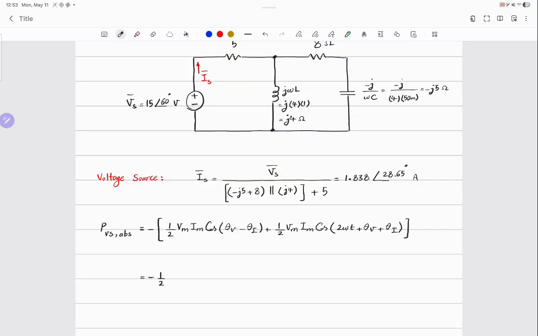Samuel. It is 15. What is Vm? It is the amplitude or the magnitude of the voltage, and it's right there. Look at the phasor of the voltage. 15. Okay?